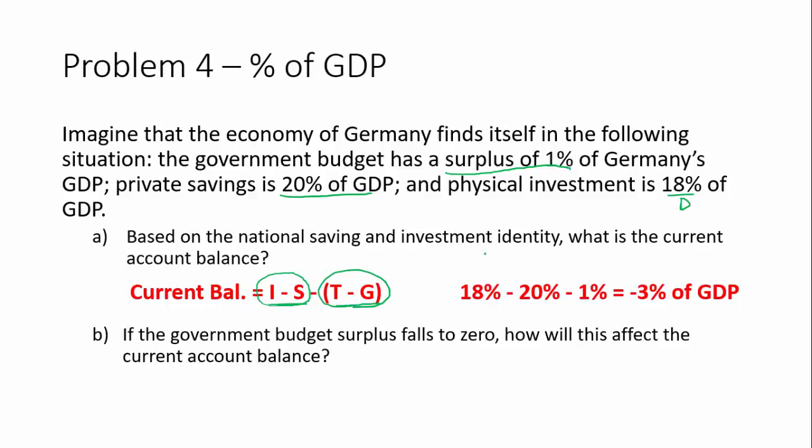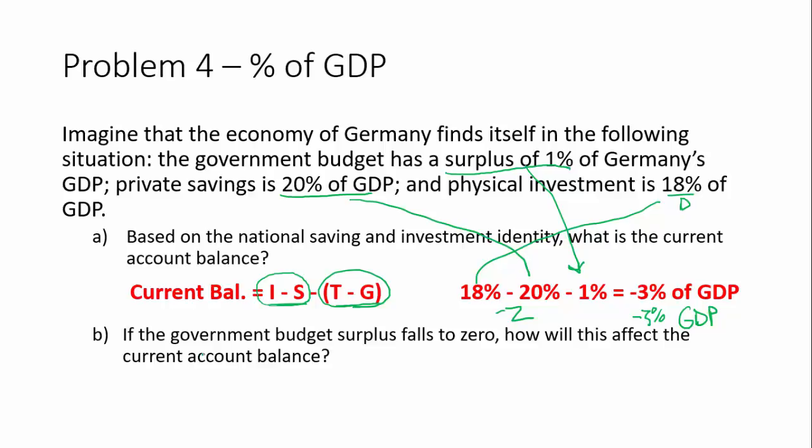This is our 18%, coming in on the demand side. 20% is our supply side, so we're supplying 2% more in this case. And the 1% is the government component. So the national saving and investment identity is going to be negative 3% of GDP. So we're actually going to be saving money in this case.